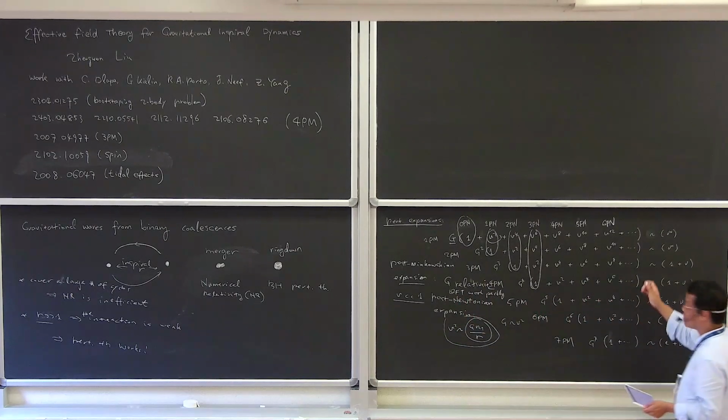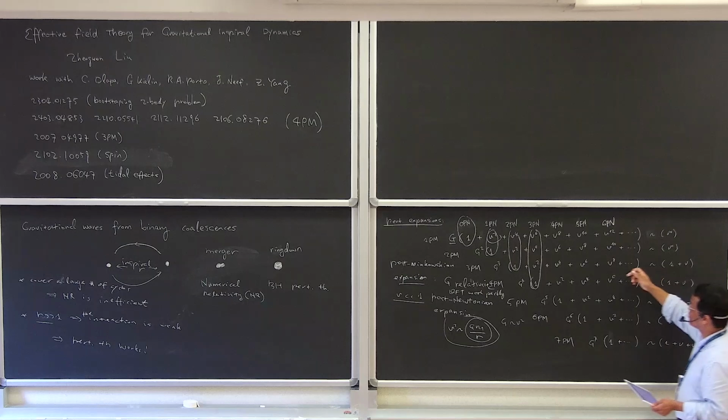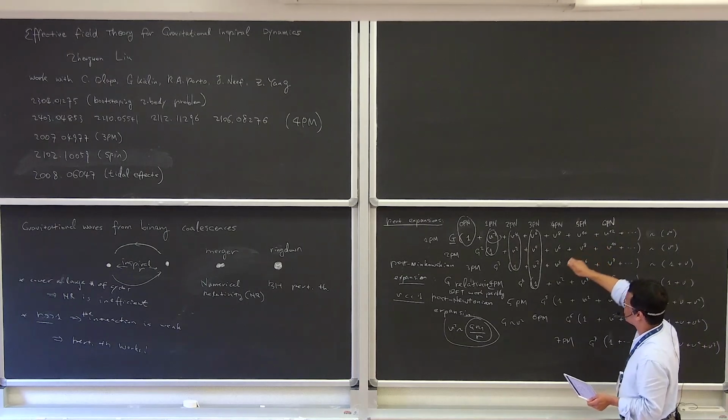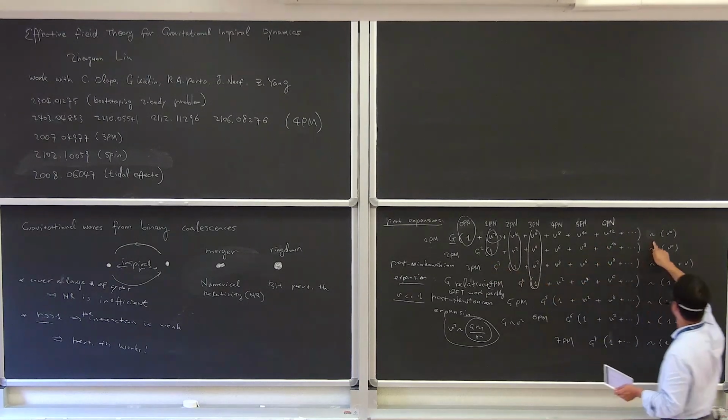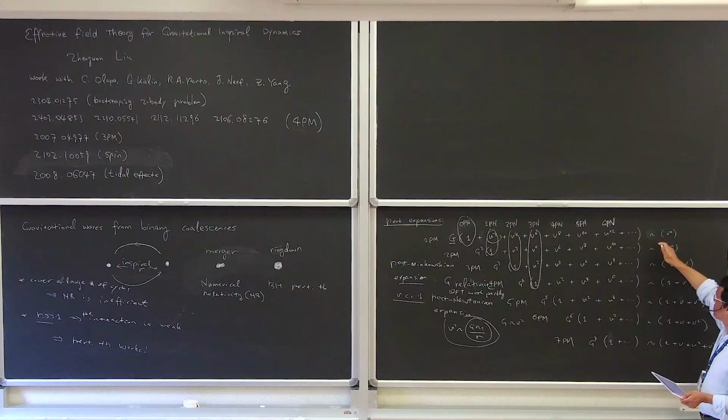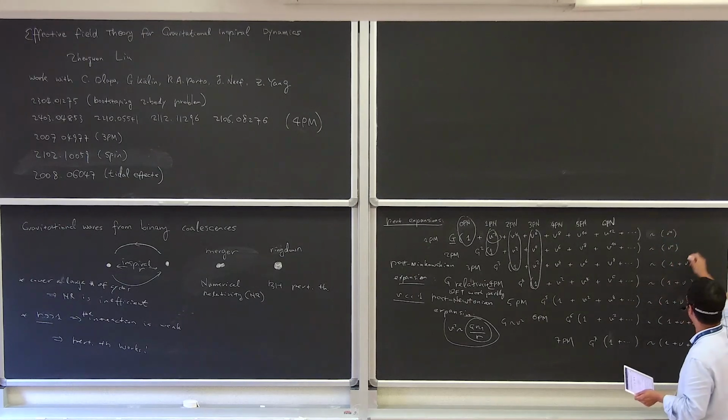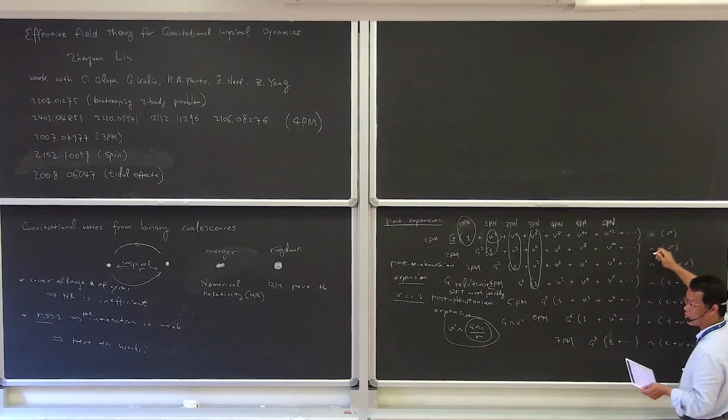An interesting observation is that for 1PM and 2PM order, the result contains only terms proportional to nu to the zero. Nu is just the mass ratio.